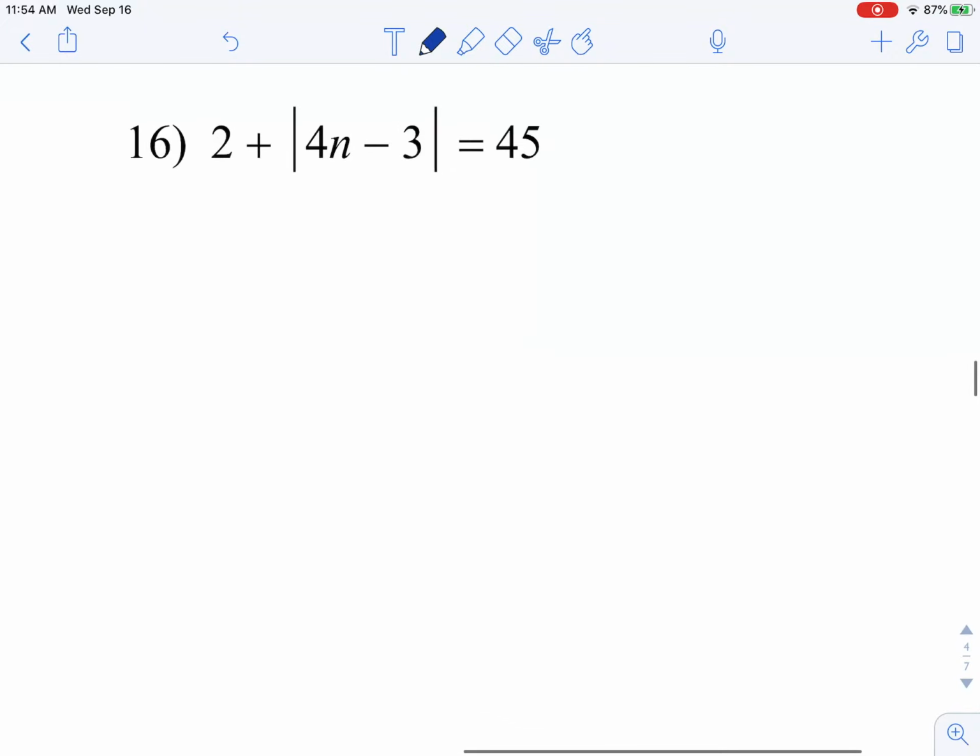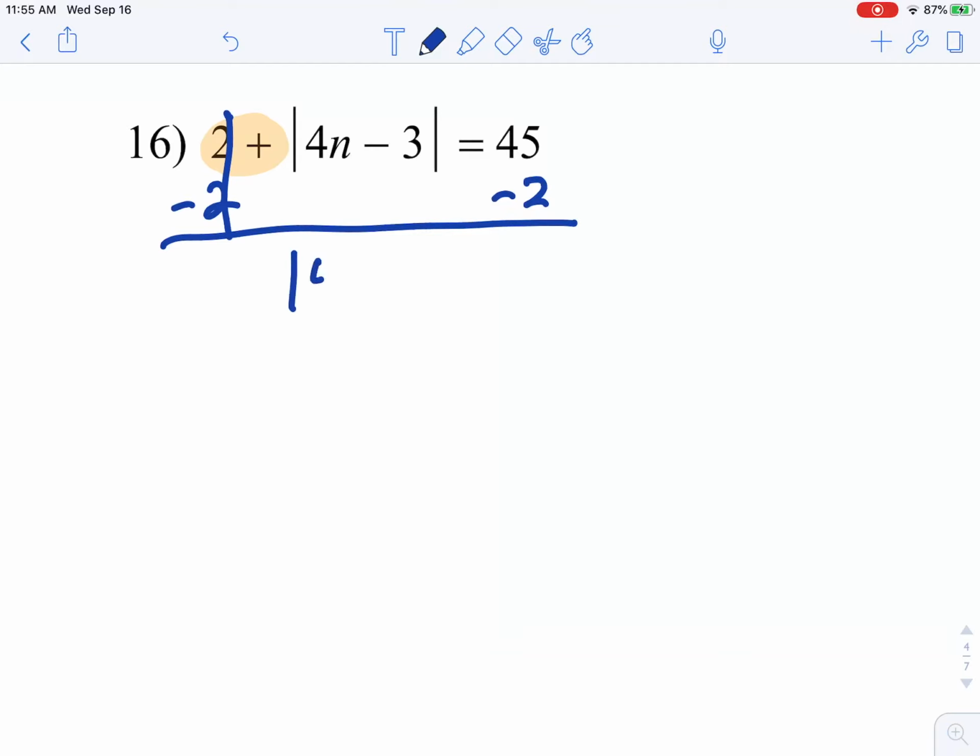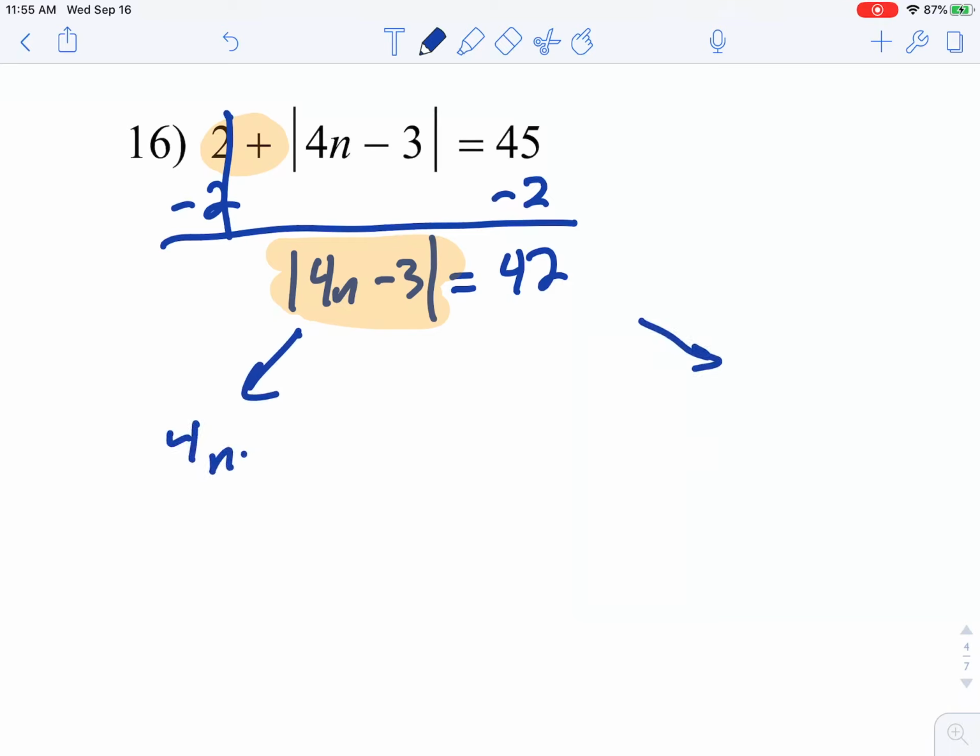Okay, number 16. Once again, any number that's not in the absolute value bars, you have to cancel that out or eliminate it. So minus 2, minus 2. I get absolute value of 4n minus 3 equals 42. Now that the absolute value bars are all that's left on one side, you can split it into your two separate problems. 4n minus 3 equals 42.